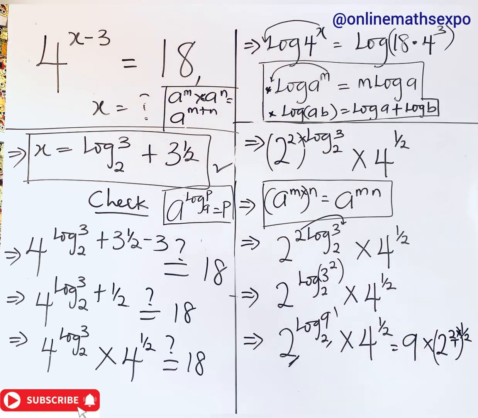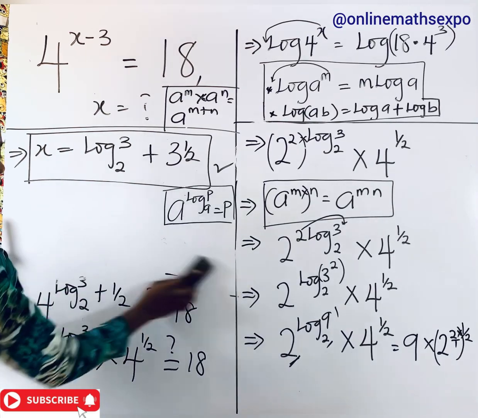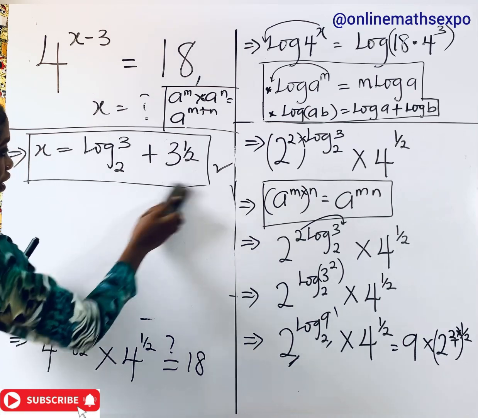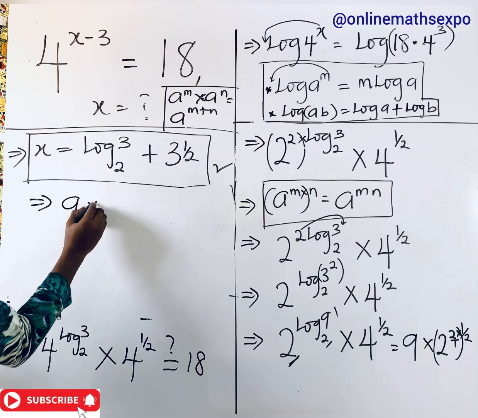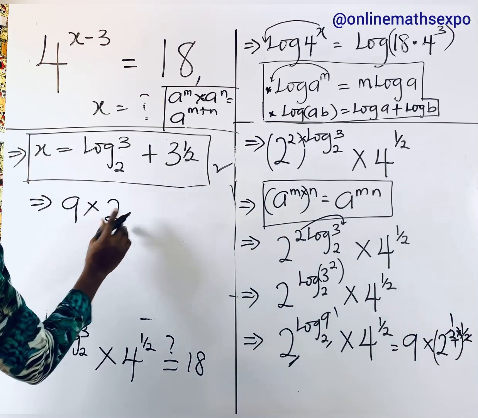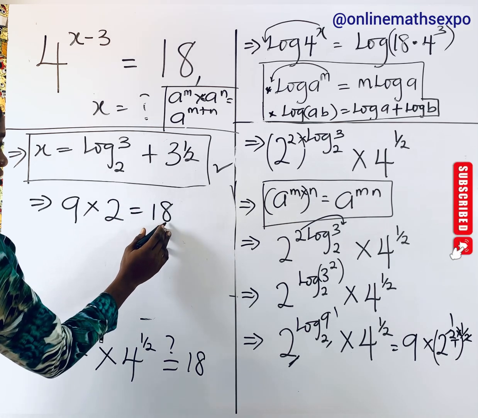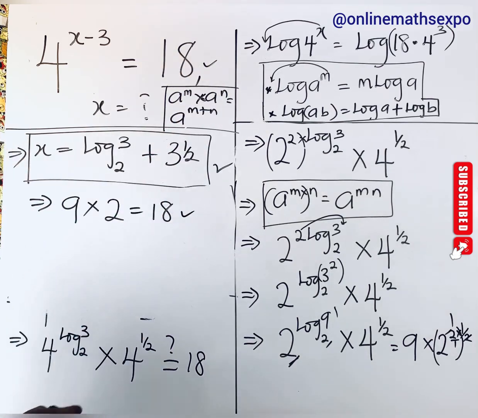So in conclusion, we have 9 multiplied by 2, since the power has become 1. So we have 9 times 2, and 9 times 2 will give us 18. And 18 is what we have on the right side of the equation.